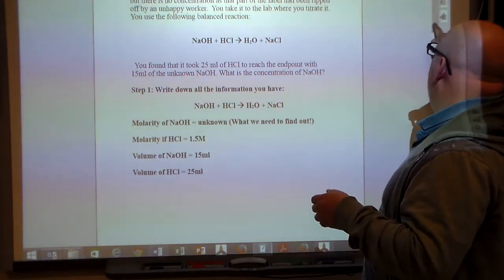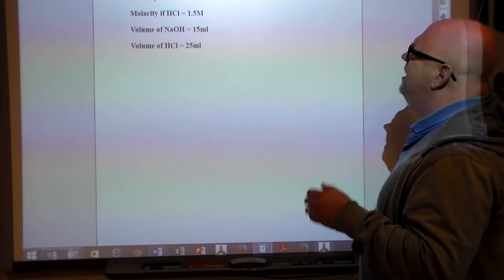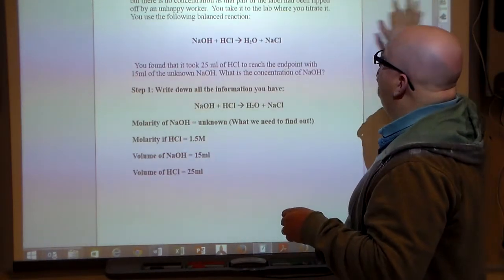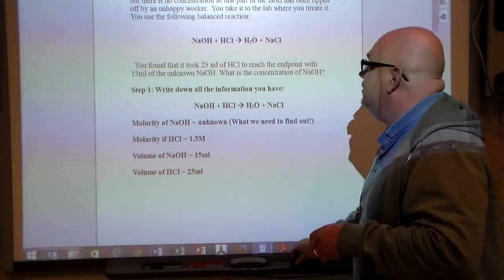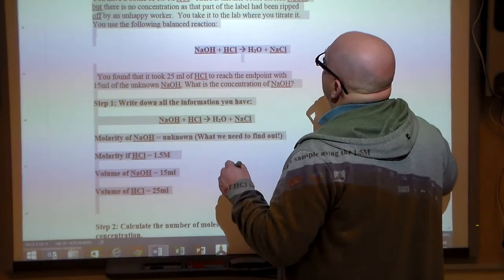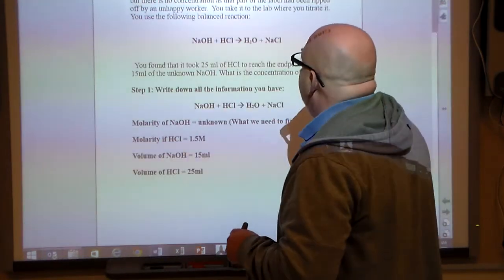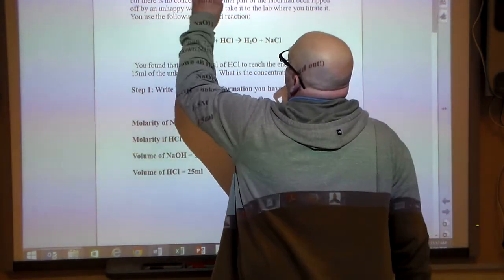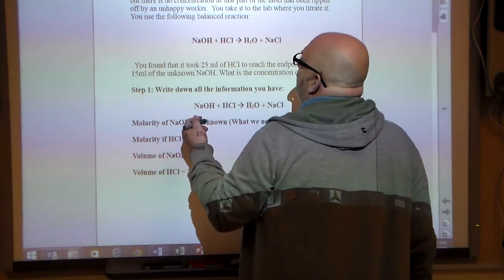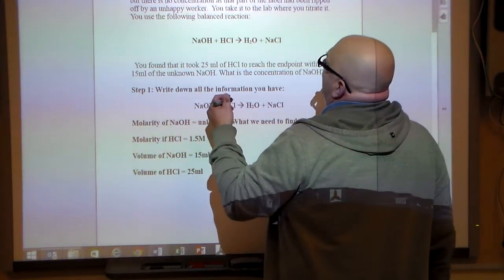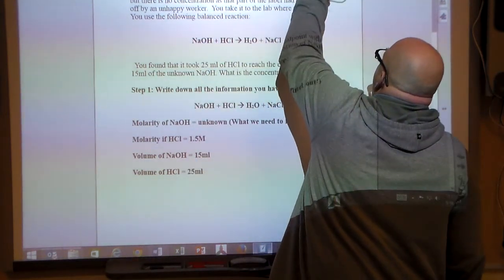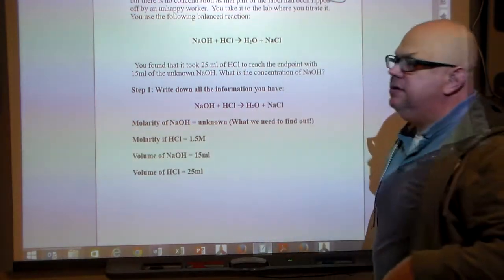So the first thing we want to do is write down all the information that we've got, which means that you've got to go through and look at the problem and start analyzing what's happening. In this case, we have a molarity, a concentration of our acid. We have an NaOH, but we have no idea what the molarity is.